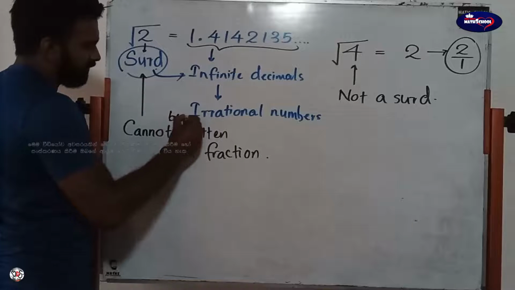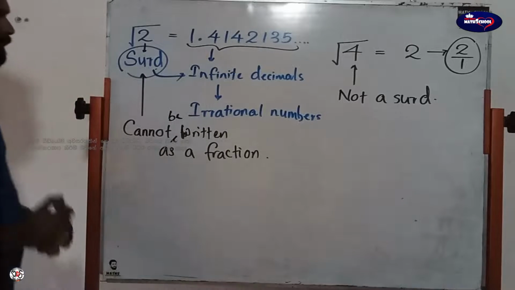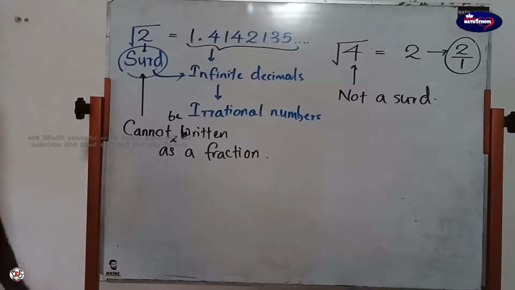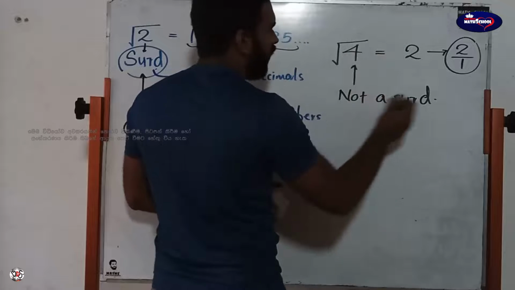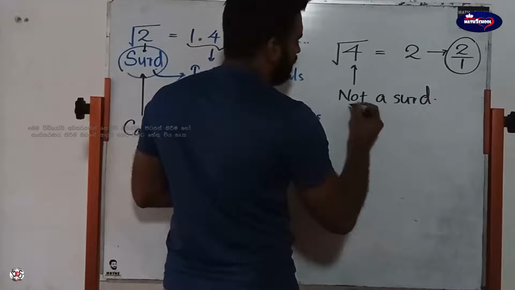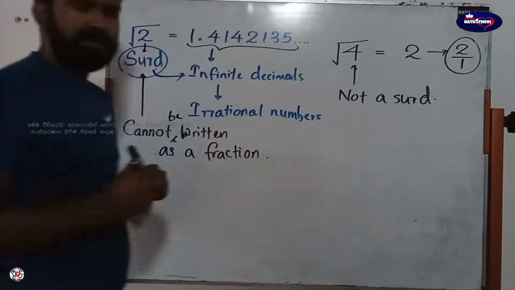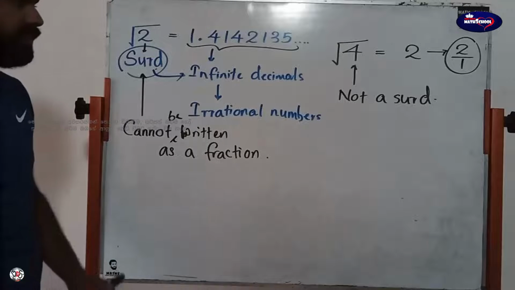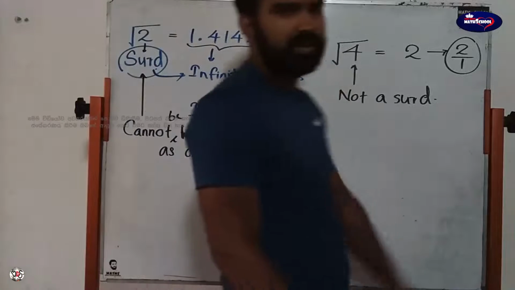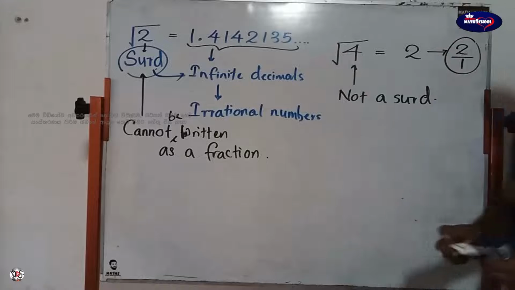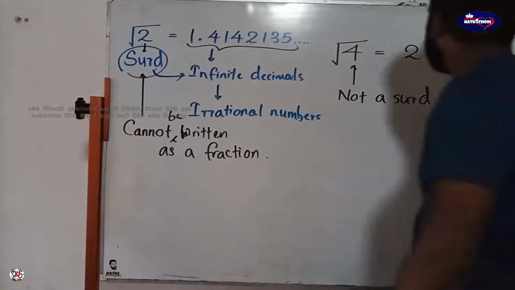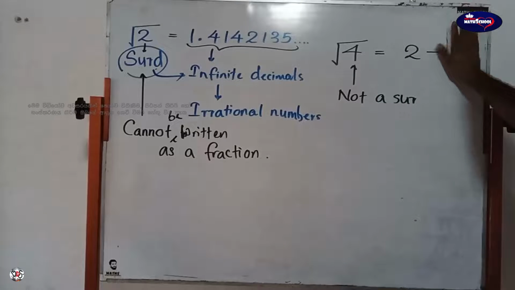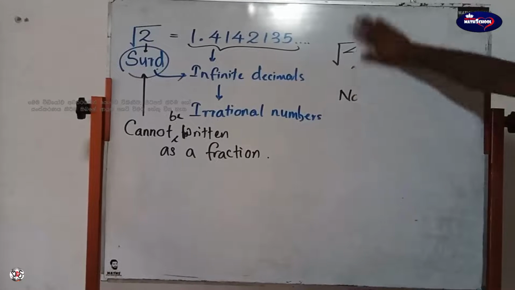If you need, you can write this as well: not a surd, because you have a perfect square inside the radical sign. So this will not be taken as a surd. In Sinhala we call surds karani.